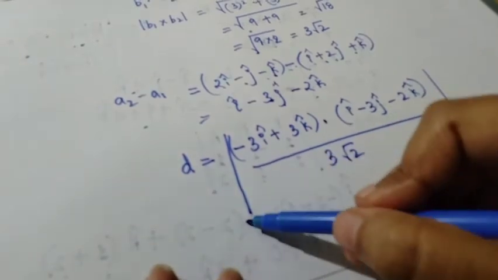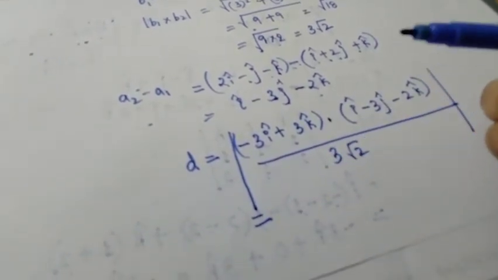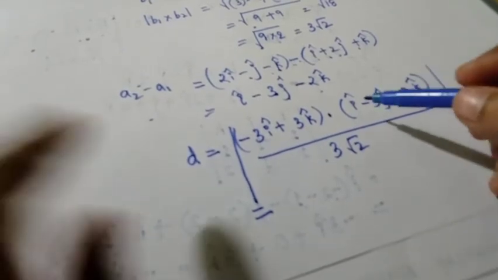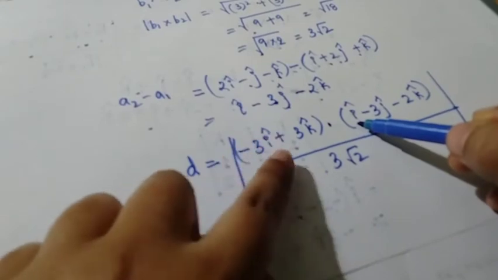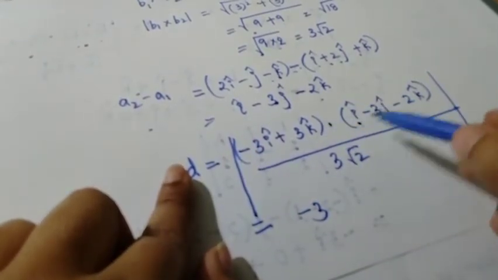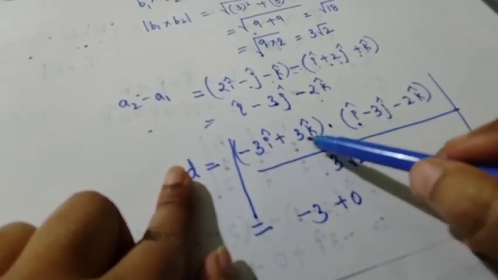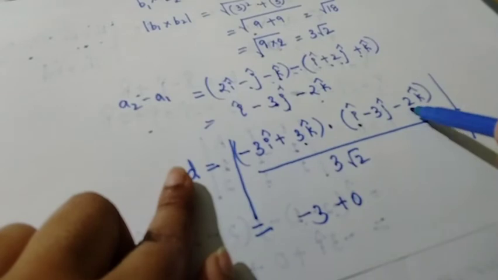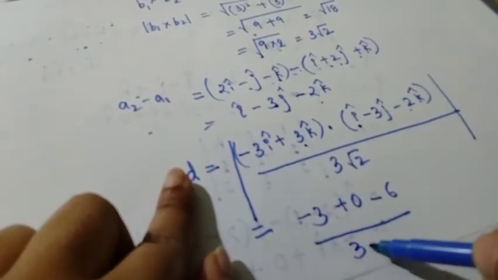Now you know i dot i is 1, j dot j is 1 and k dot k is 1. So i with i is 1, minus 3 into 1 is minus 3. Next, for j there is no product, so it is 0. Next k dot k, 3 into 2 is minus 6, divided by 3 root 2.